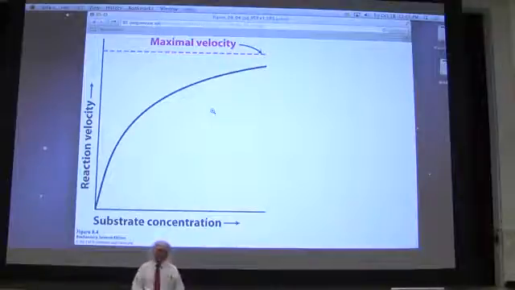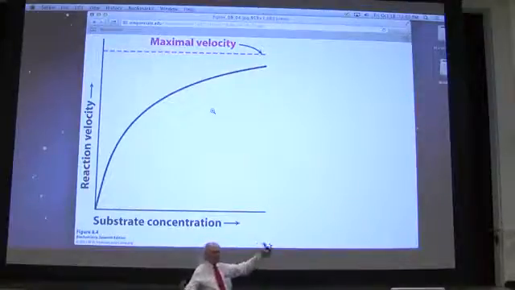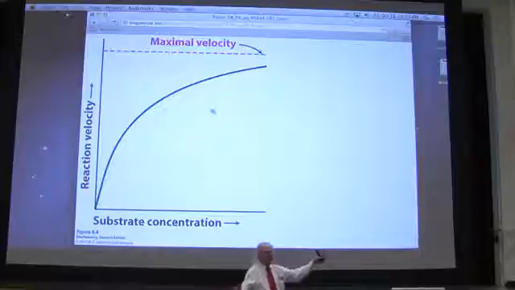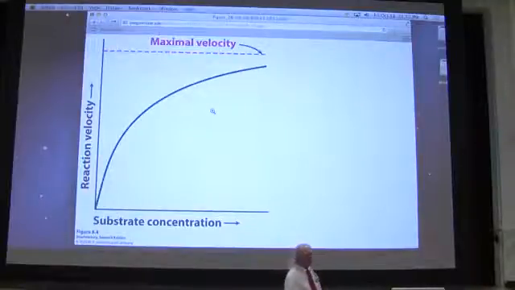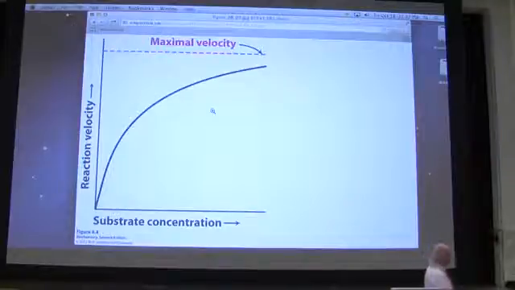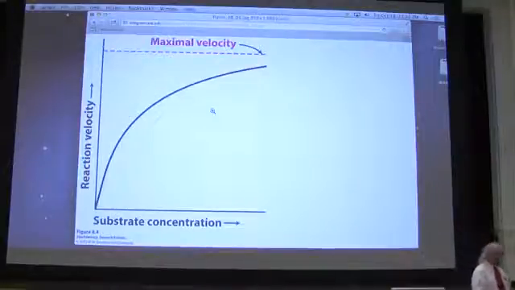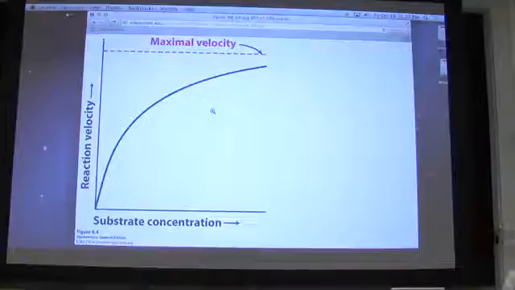So what do enzymes do? They catalyze reactions. They take substrates and they convert them into products. So for an enzymatic velocity, we need to understand the rate of formation of product.